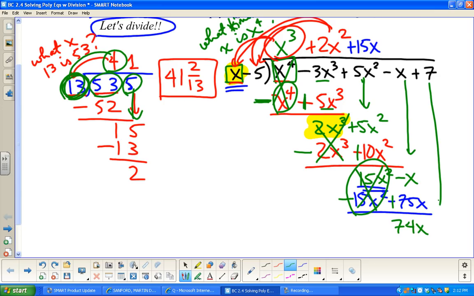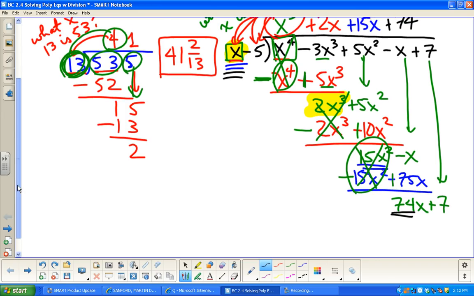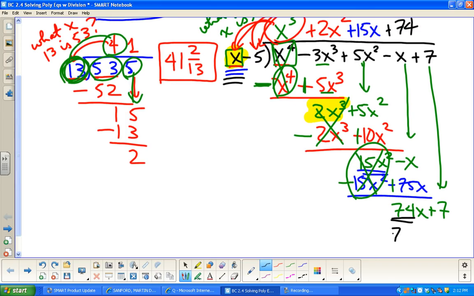74x, bring down the 7. Okay, we're almost there. I'm excited. I can taste it. What times x is 74x? Okay, and then we have to again continue to multiply, so we're distributing 74x, 74 times x. 74 times a -5, well, times 5, half of 74 is 37, so 370.